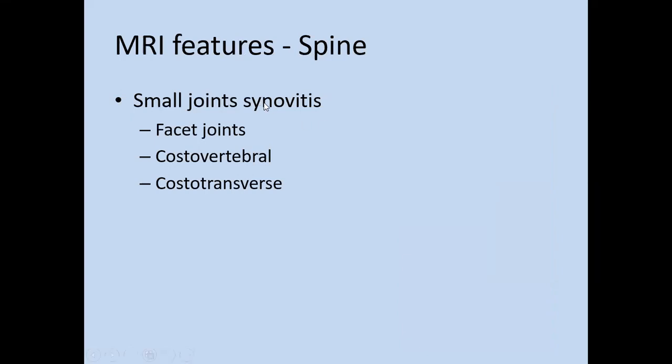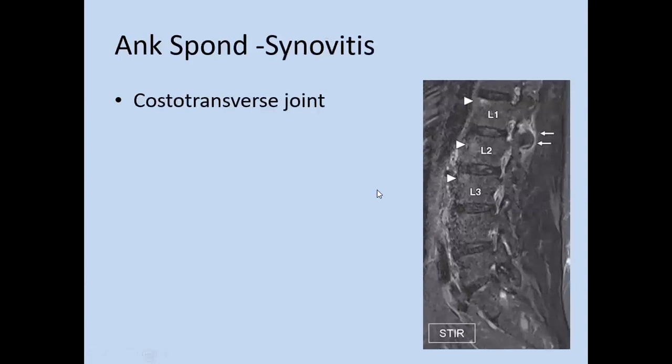Now, the other feature that we see with ankylosing spondylitis in the spine is the synovitis, and the synovitis can be seen in the facet joints, costovertebral and costotransverse joints. And here we have an example of a patient with ankylosing spondylitis, and we see synovitis involving the posterior joints or the facet joints or the costotransverse joints.